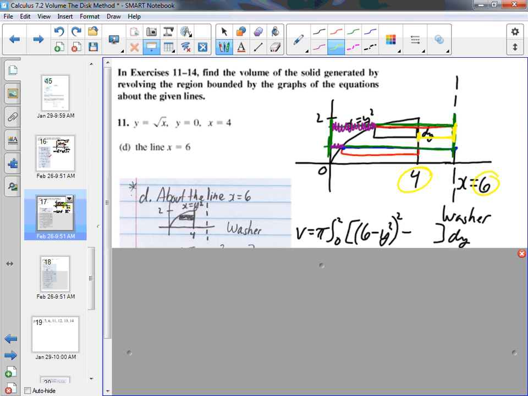So I still had to subtract. Since my axis of revolution wasn't the x-axis or the y-axis, I still had to subtract to get it. It's just that I got a constant this time. Instead of 6 minus y squared, it's 6 minus 4. What do I have to do to that? Squared. You with me?